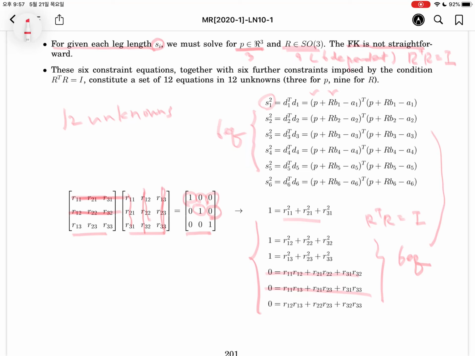Maybe it has multiple solutions for the kinematics, because as you can see here, these equations are not easy to solve. Anyway, we have 12 unknowns and 12 equations, so the solution must exist.